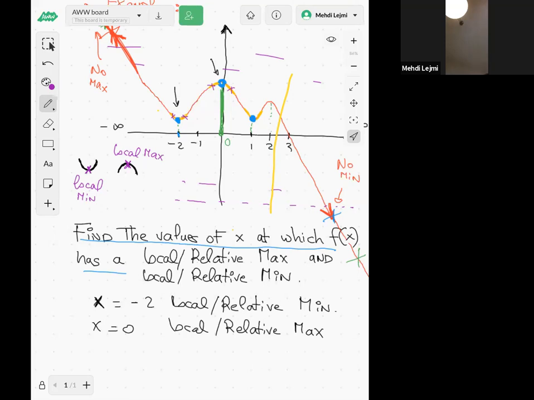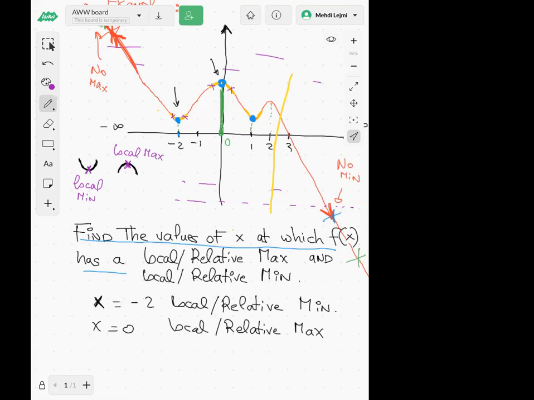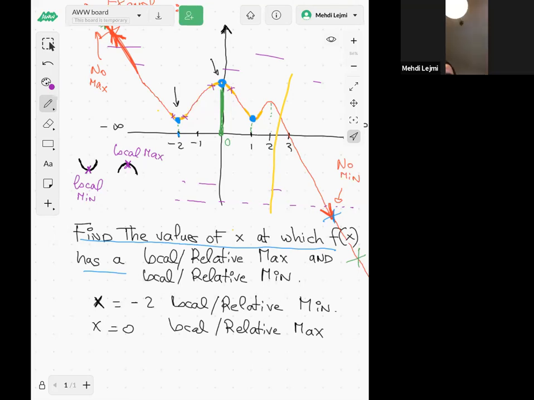Exactly. So at +1, you see, guys, it has the same shape like this one here, right? So this x at +1 would be a local minimum.